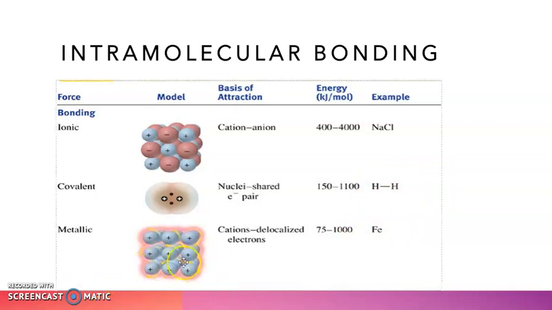Metallic bonds are between cations and delocalized electrons, and the bond energies are 75 to 1000; an example is iron. So these are intramolecular bondings and they are comparatively very strong bonds, which you can see from their bond energy values.